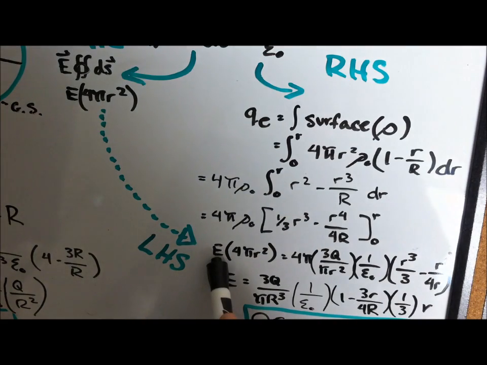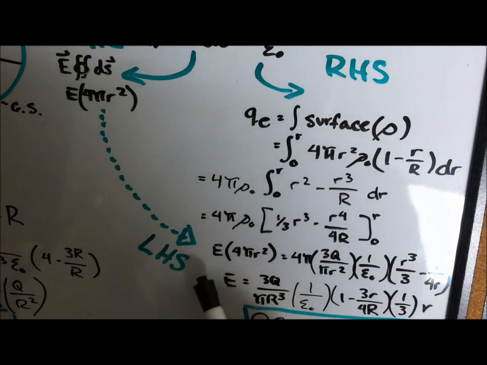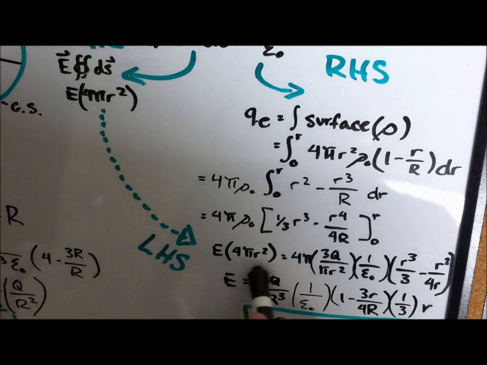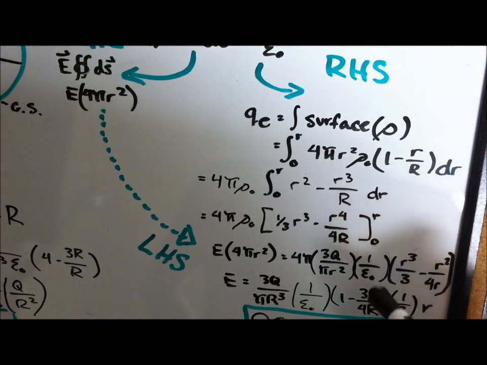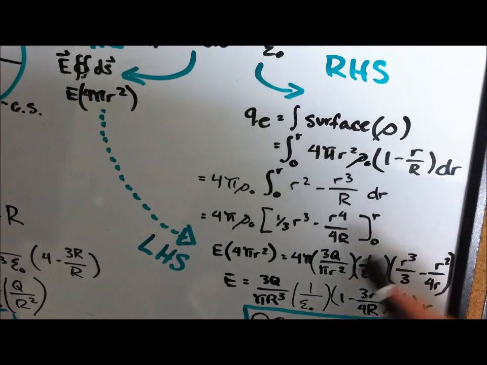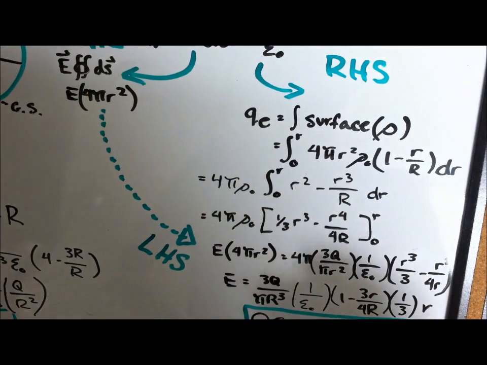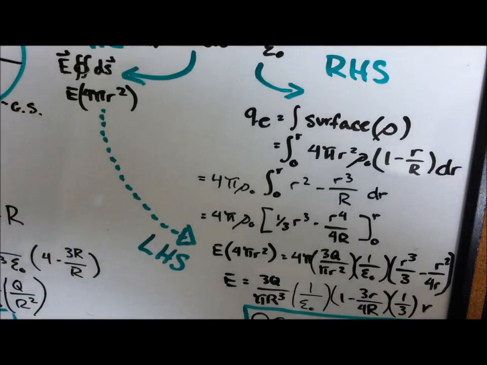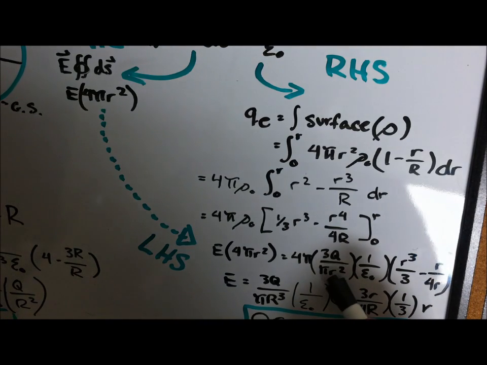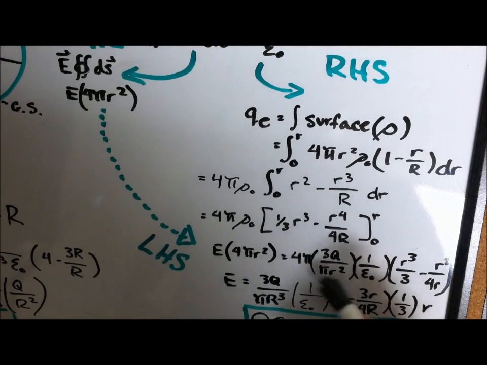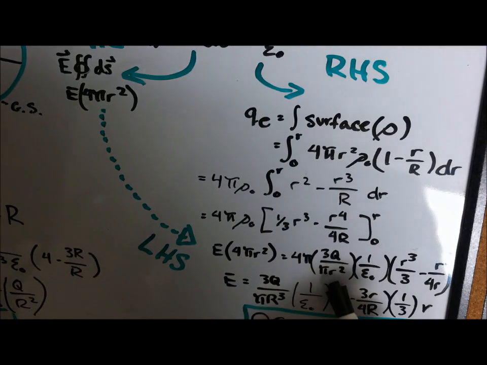But once we get to this point, we're going to plug the left-hand side back in. The right-hand side has been algebraically manipulated down much neater. We're going to plug in the 3Q over pi R cubed that we solved for in part A for rho naught, which is right here.